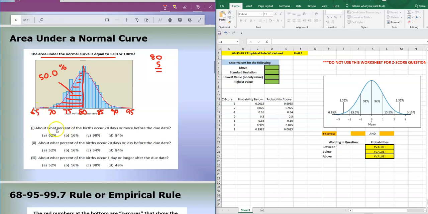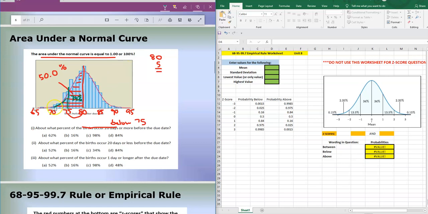And then I could say about what percent of the grades are, say, below a 75. Well, below a 75, what you would have to reason through is that 1 standard deviation means there's 34% there, because remember, that's half of the 68.